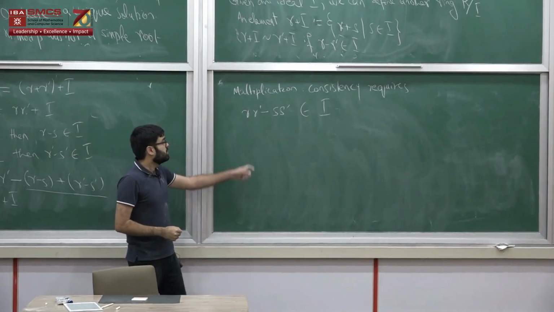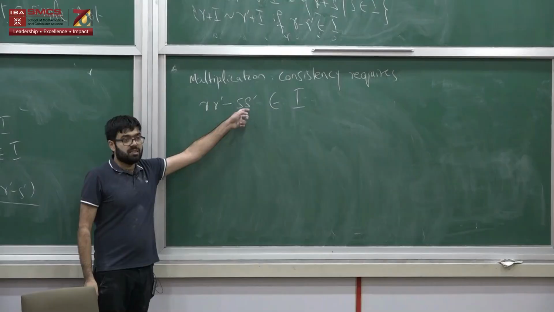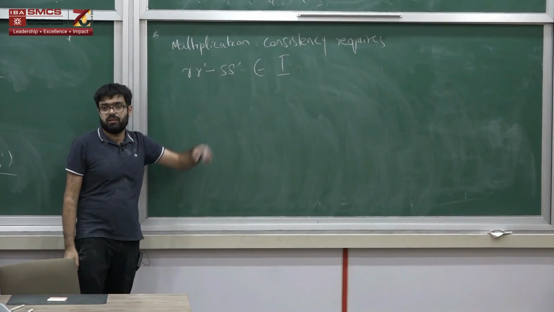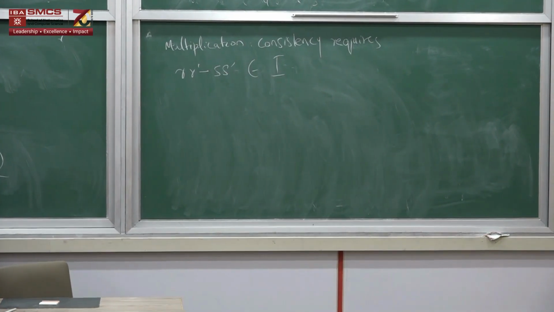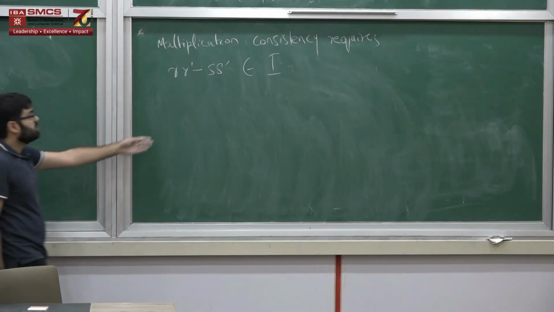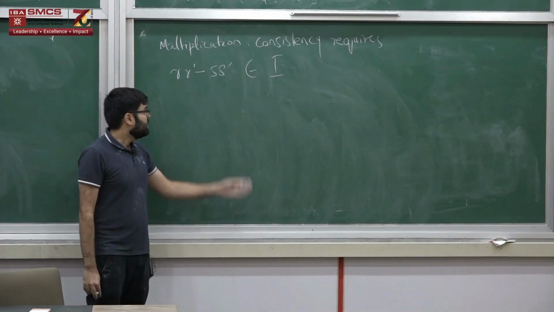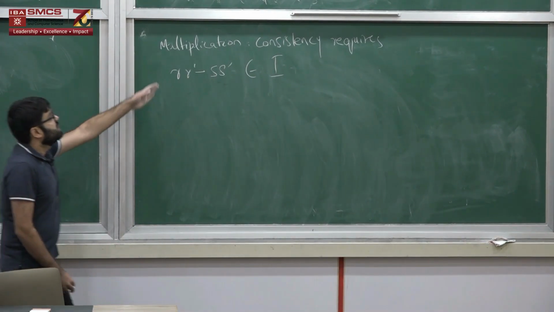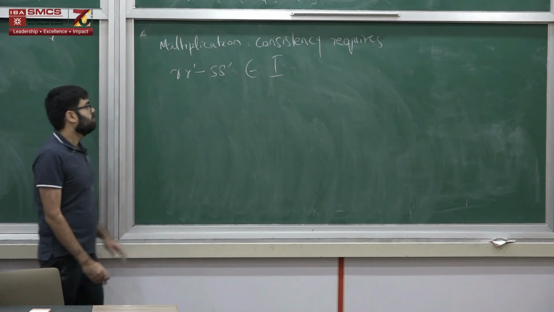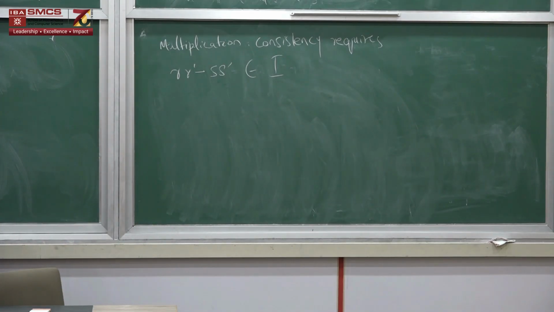Seemingly I can get two different answers using different representatives. What I want is that they describe the same element, and for this I use this property.